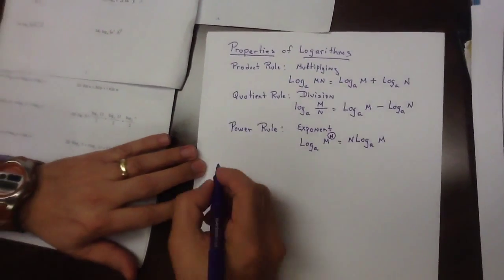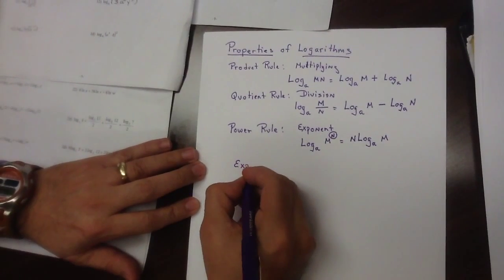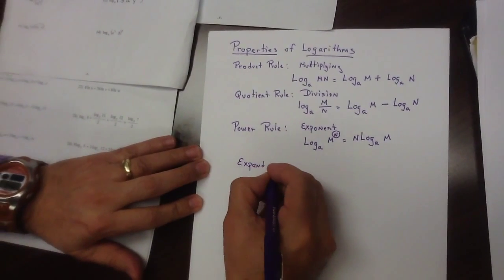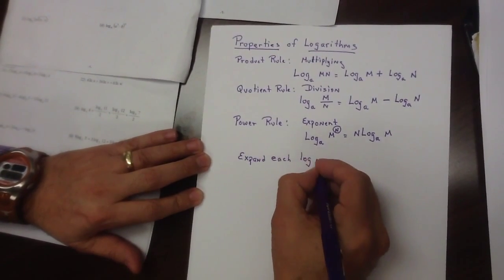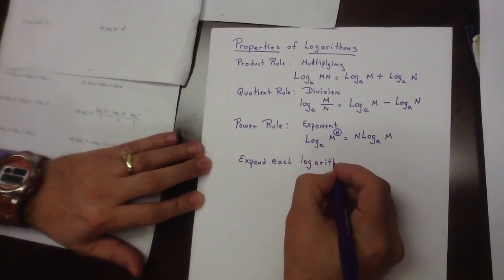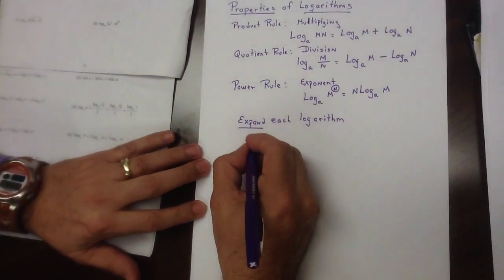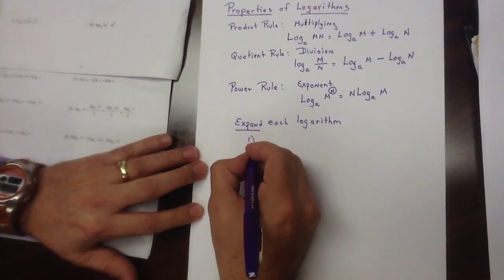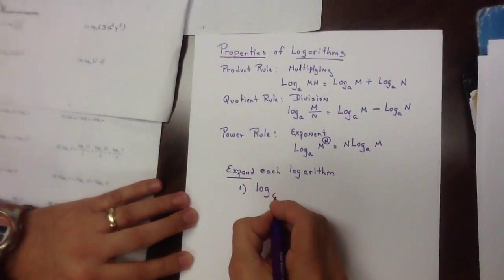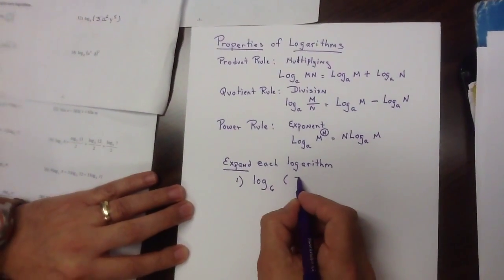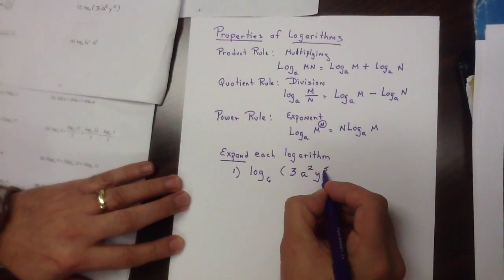Now, the first thing that we're going to apply is to expand each logarithm. When we expand each logarithm, we look at the problem they give us. For example, number 1: log base 6 of 3a squared y to the fifth.